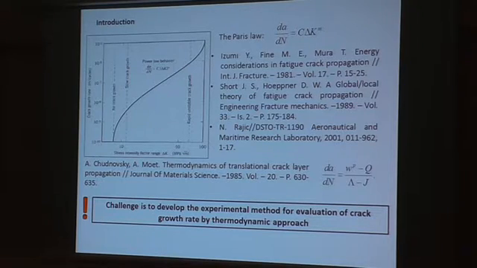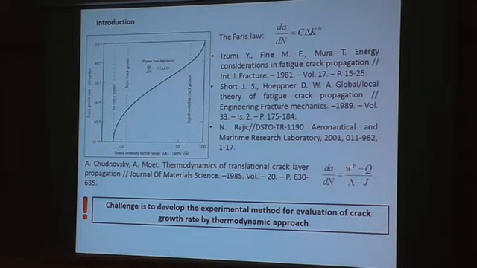In the previous presentation, it was shown that heat dissipation is a very interesting parameter which can give us a lot of information about fracture. If we consider the energy balance at the crack tip, which was first done by Professor Chudnovsky, we can obtain a very unusual, from my point of view, equation for the fatigue crack rate.